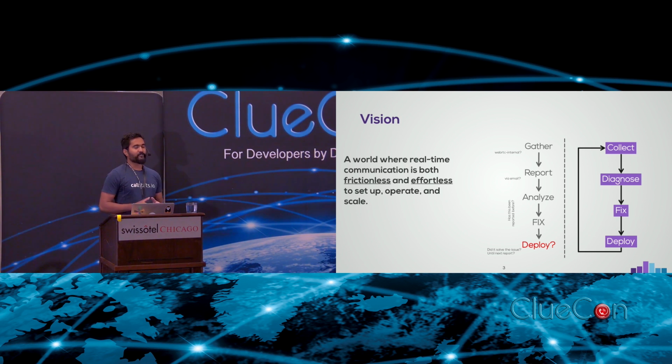The vision of CallStats.io is pretty bold. We envision a world where real-time communication is easy to set up, operate, and scale. Initially, many of the teleconferencing systems were integrating CallStats.io, but we have seen a lot of growth in telemedicine, online education, as well as contact centers.